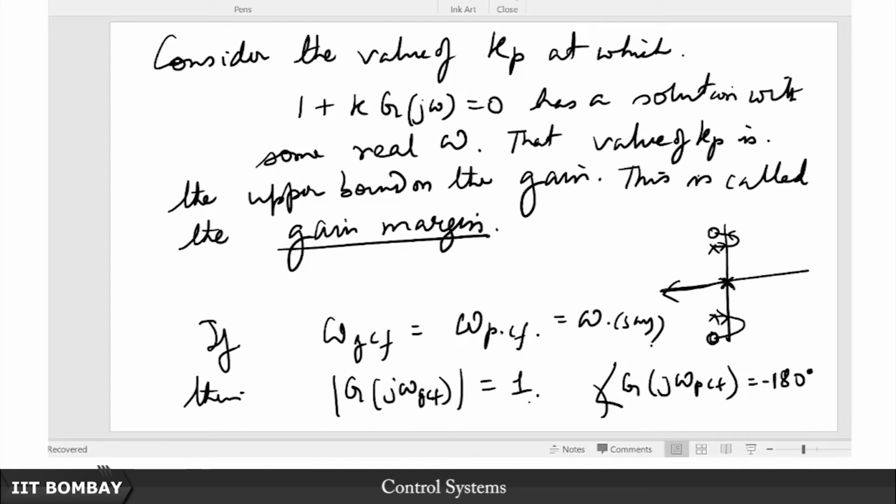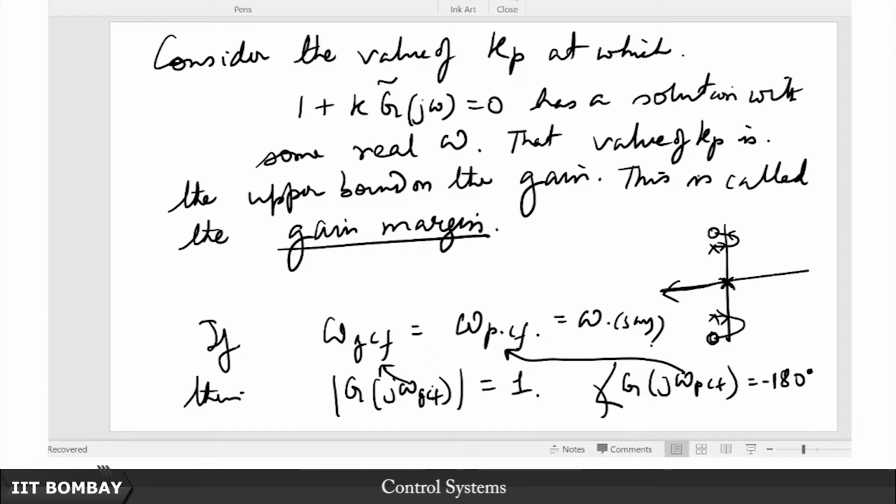But notice now if both omega GCF and omega PCF are equal to some omega in turn, then do I not already have that particular omega such that 1 plus k G tilde j omega, so maybe I should write G tilde here. So I then have this condition that we have purely imaginary roots of this equation 1 plus k G tilde j omega is equal to 0.